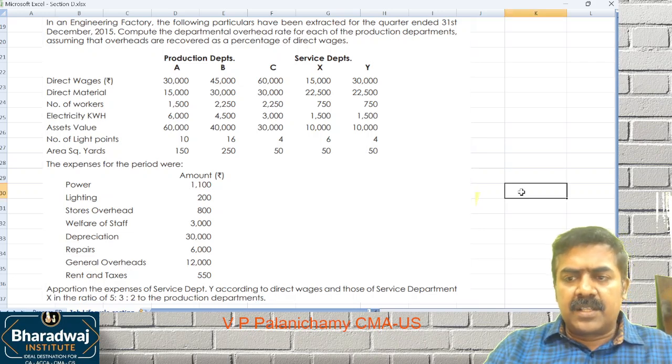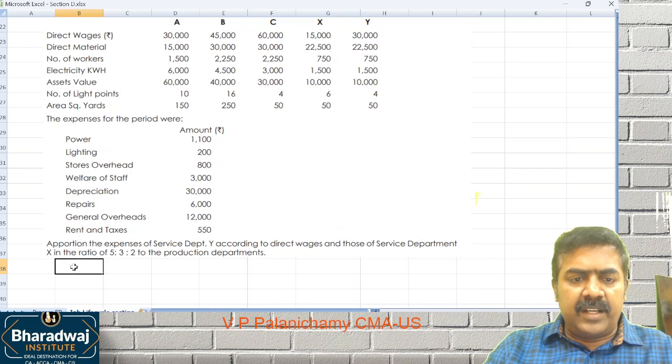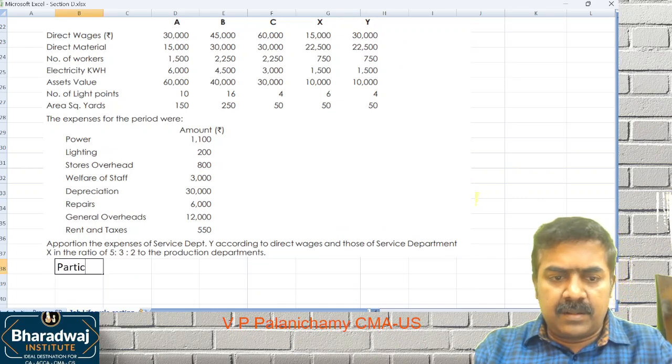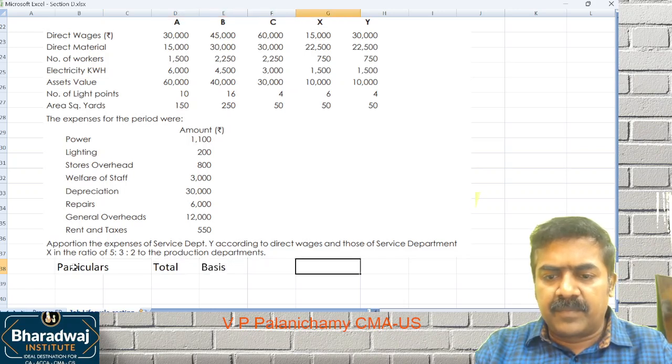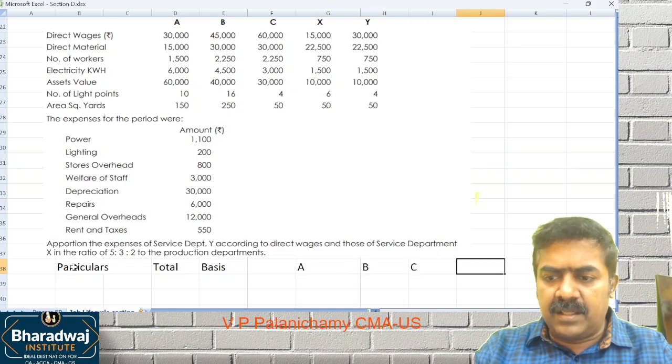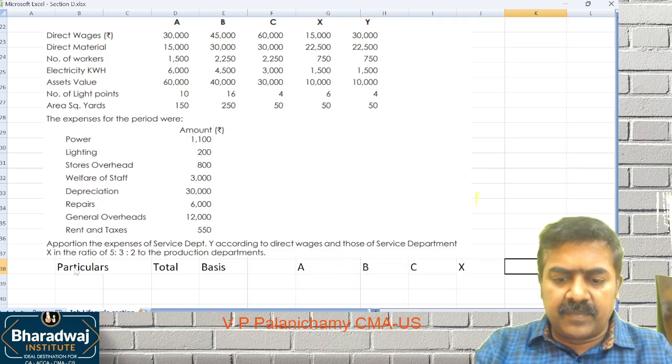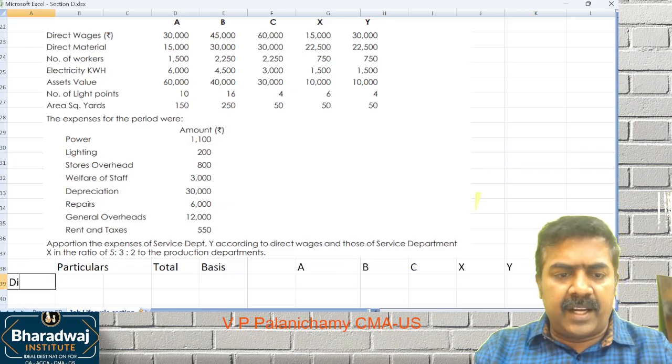So what I request is to have particulars and 5 columns: particulars, maybe an extra column, total, the basis on which we are going to apportion, then departments A, B, C, then X and Y.